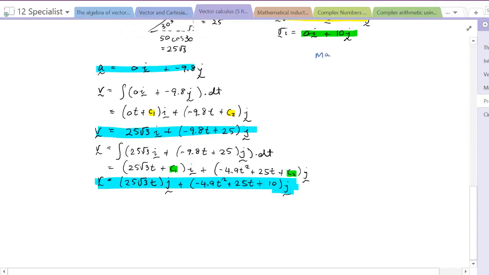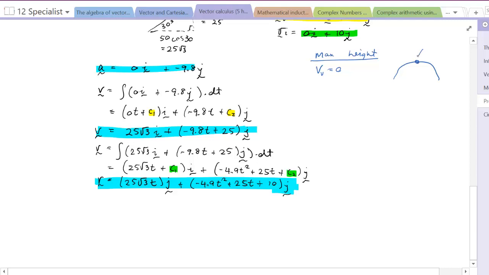So to find the maximum height, we need to be able to interpret well enough to say, okay, the maximum height is when the vertical velocity is equal to 0. So if we can make that statement, we can see that in that projectile motion, at this point here, the vertical velocity changes from being positive to negative.